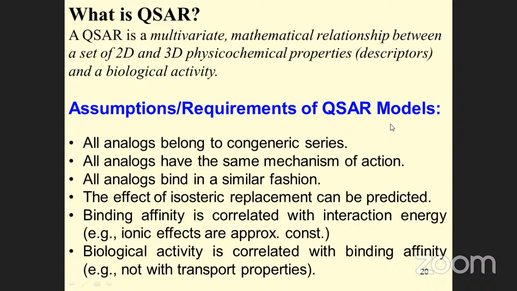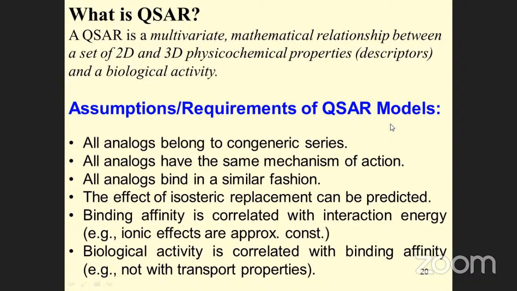Second, it is to identify the mathematical relation between two-dimensional and three-dimensional physicochemical properties. These physicochemical properties are known as molecular descriptors. The word descriptor is from describe, something which we use for describing something. If we use it for molecules, we call it molecular descriptors.